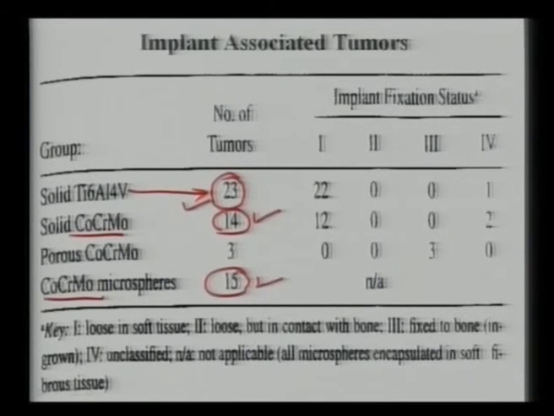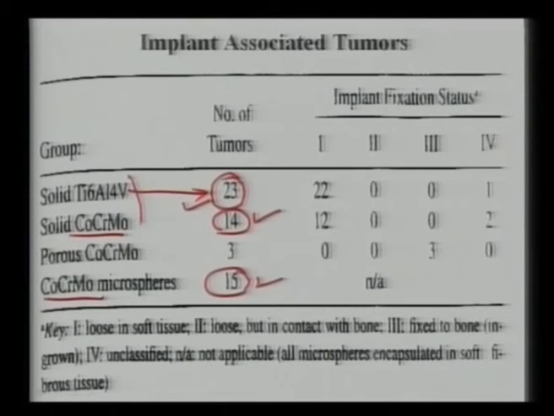Now these tumors, if they are genotoxic, if they cause DNA damage, then the material cannot be used in a particular implant application. Here again I must emphasize that Ti6Al4V and cobalt chrome moly have a very good combination of mechanical properties.